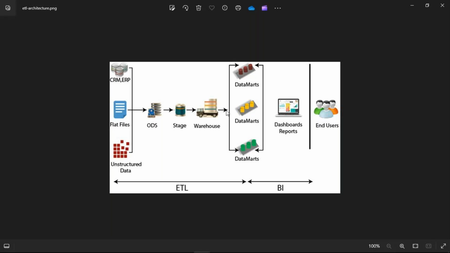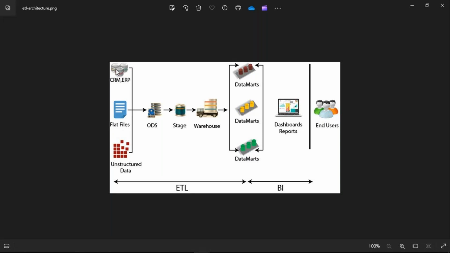Okay, ETL architecture. In the first part, you are able to see CRM, ERP, flat files, or unstructured data. This we call the source, where we are going to get our data. This is big data.